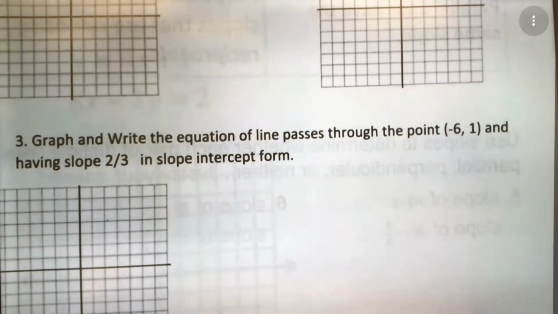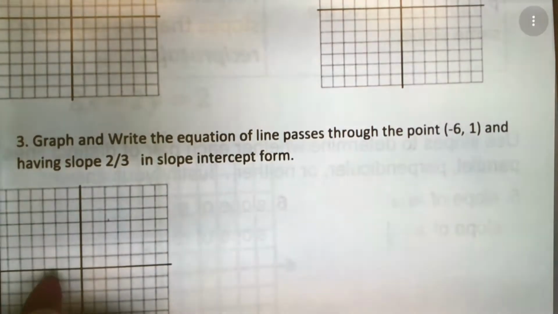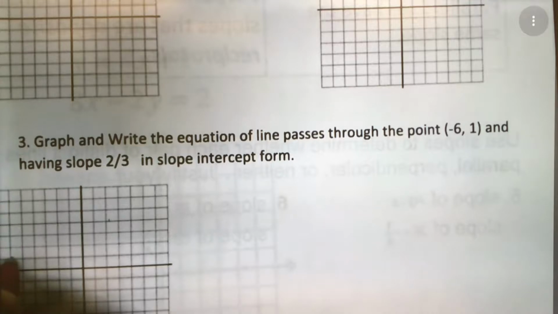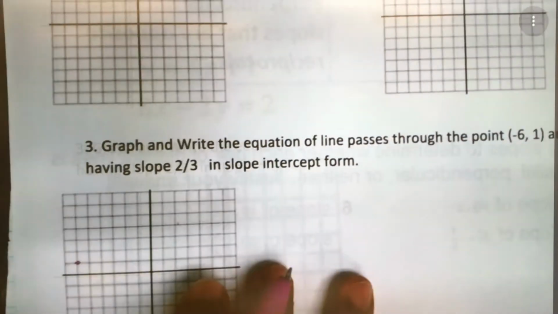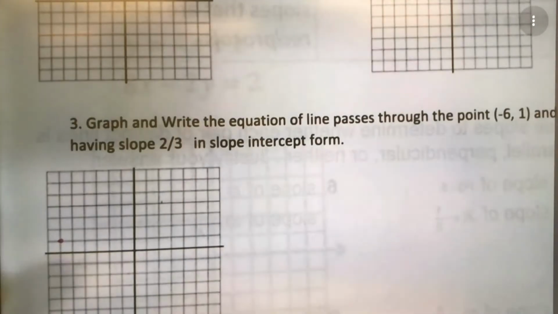We are given a point, that is negative 6, 1. First plot negative 6, 1, the point is here, and the slope of the line is 2 over 3.